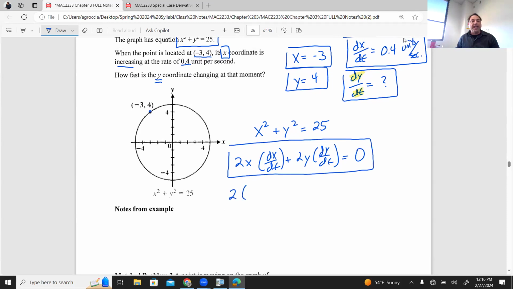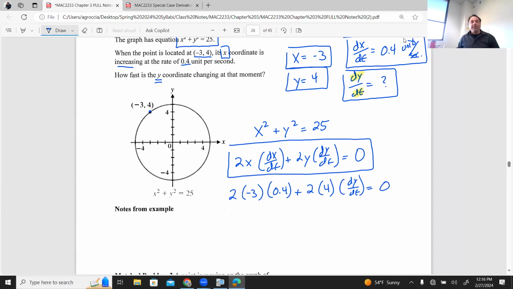So 2 times x is -3, dx over dt is 0.4, plus 2 times y is 4. I have everything except dy over dt. I can go straight to the second equation.